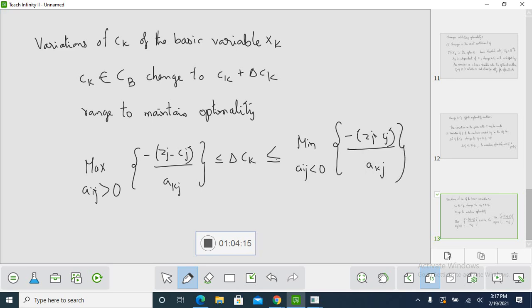When we do the problem we have to verify with this condition only. So this is the required condition.